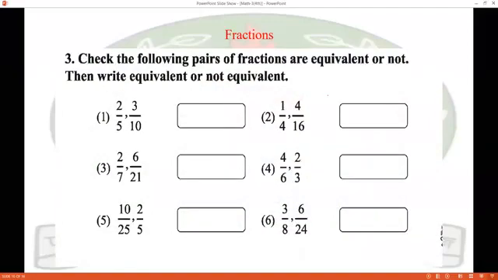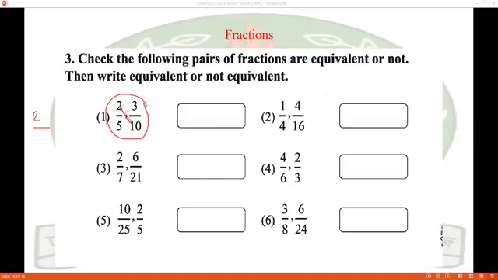Here you have to prove whether the 2 fractions are equivalent or not. We already finished these types of maths. You have to solve it this way: multiply the numerator of one fraction and the denominator of the other fraction.